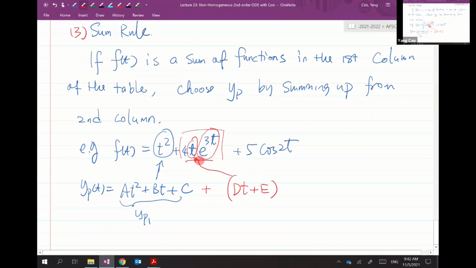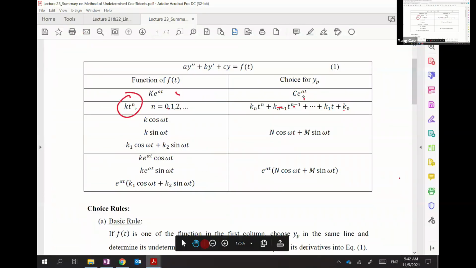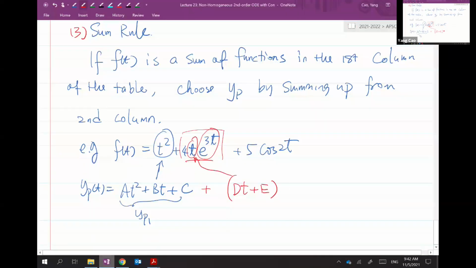And then e to the power of 3t here is supposed to be a constant times e to the power of 3t. You could choose a constant like this.